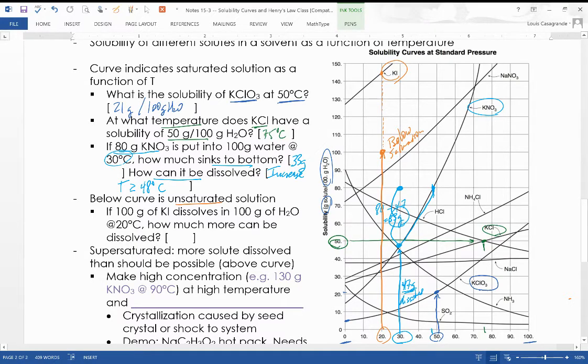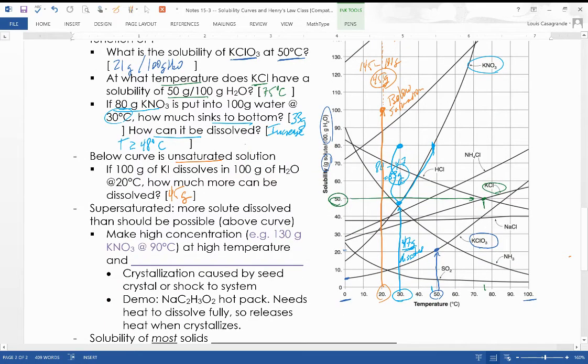And the solubility limit looks like about 140, let's call it 145 grams per 100 grams. If I subtract that 145 minus 100 grams, it means that I have room for 45 grams of solute. So 45 grams, we'll put that in here. That's how much extra I can dissolve.